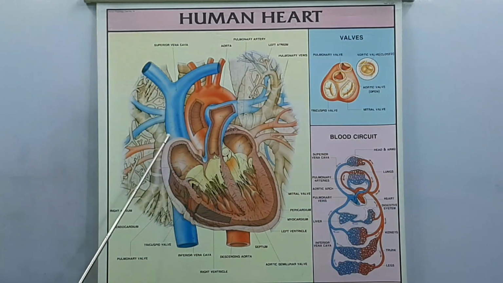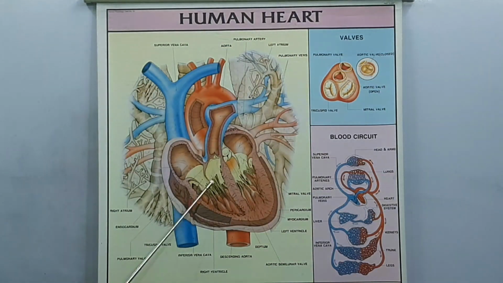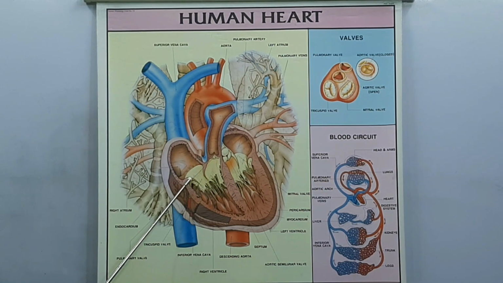Here, when blood comes into the right auricle from different parts of the body, it is carried to the right ventricle when this tricuspid valve opens.